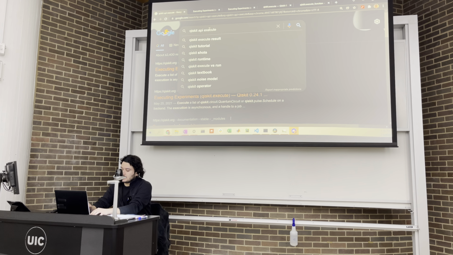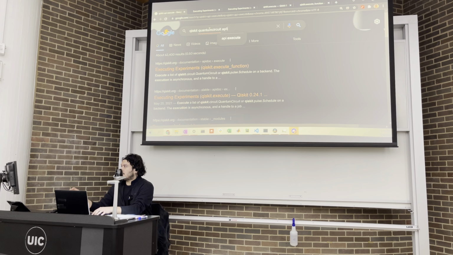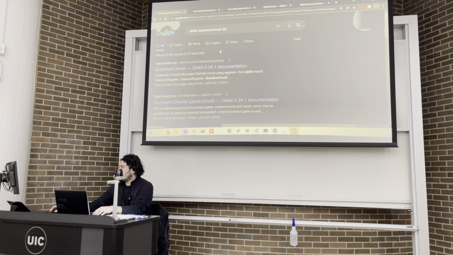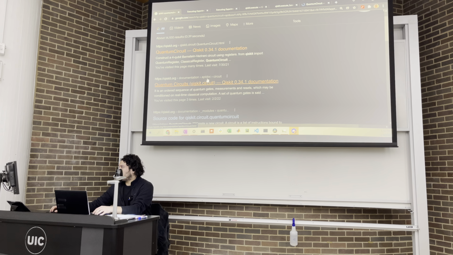Something else that's useful is a family of things called the quantum circuit API, and this is a very important one. If I had to place a bet, I would try searching this one first. So we're going to search it for the execute method.